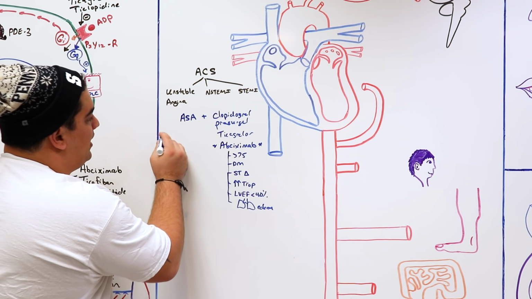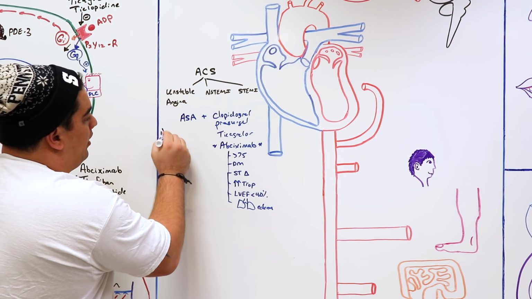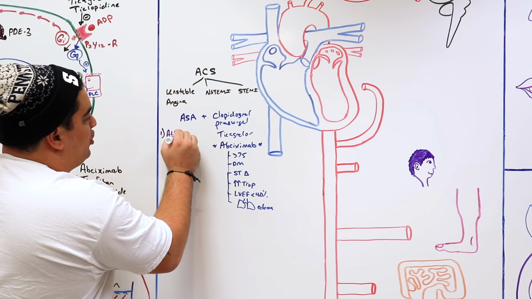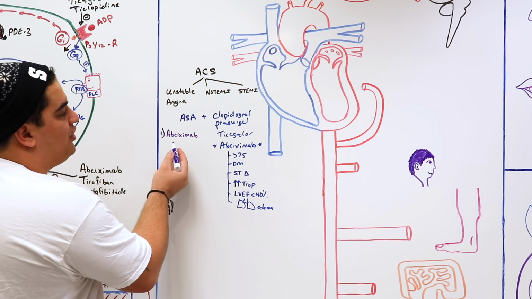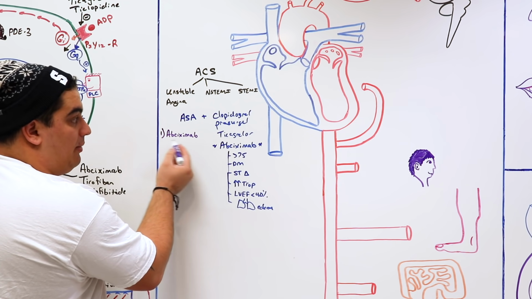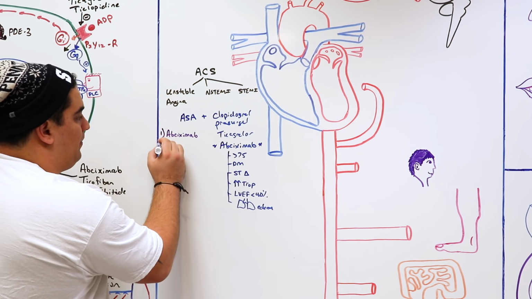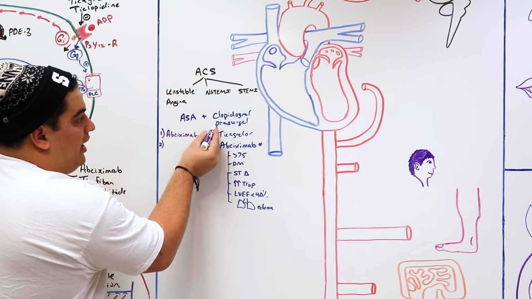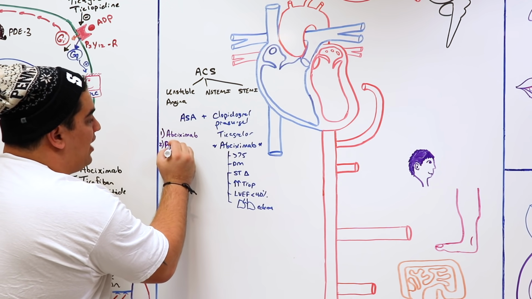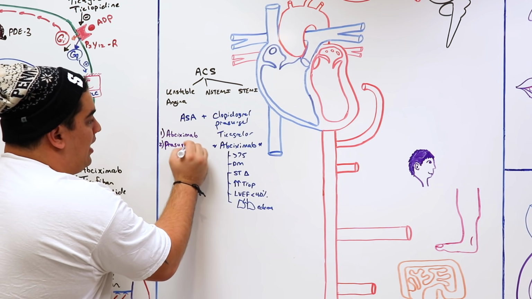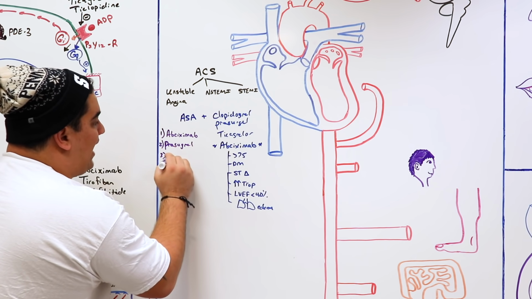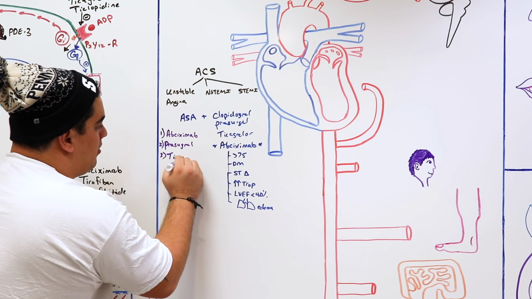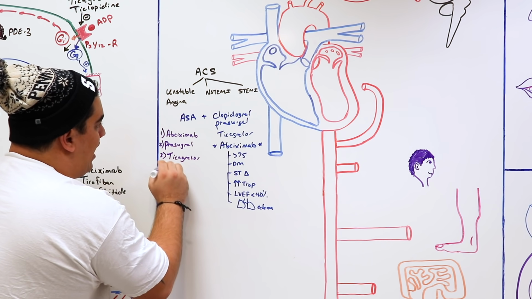So when we talk about these, starting with the most potent at 1, Abciximab is extremely potent, has a high bleeding risk, okay? So all of your GP IIb/IIIa inhibitors are going to be extremely potent, the most potent. The second one is going to be, out of these, Prasugrel. So it actually has a black box warning, and you got to be careful because of its bleeding risk. After that, you have Ticagrelor, and then after that, you have Clopidogrel.